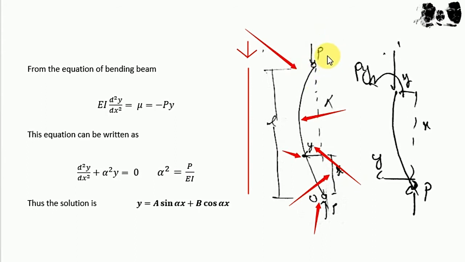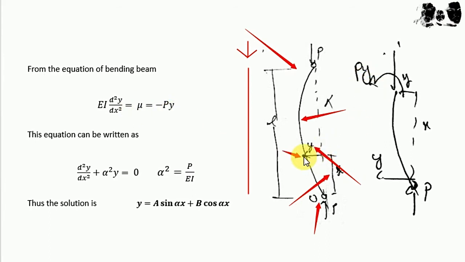So we cut the section here and find out the amount of moment generated through this P load. We already have the double differential equation, which is EI d2y upon dx2 is equal to M, which is the bending moment, and we already find the bending moment for it.